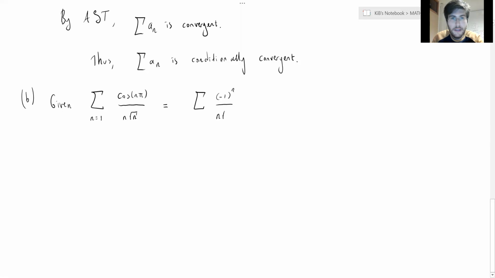We have rewritten everything by getting rid of the cosine term, which is nice, by similar reasoning as in part A. Now let's see what we have. As before, let's check the absolute value, right?